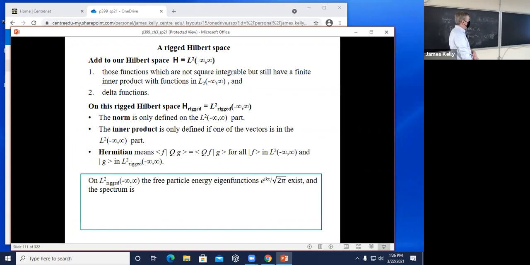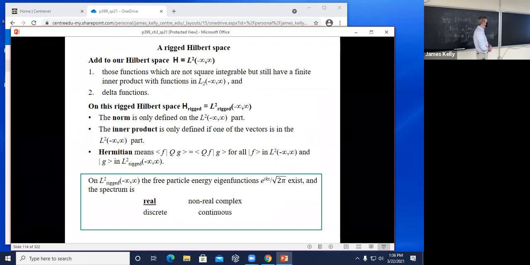So just to summarize, on L2 rigged, the free particle energy eigenfunctions, again, you can choose that preferred normalization, but the important part is the e to the ikx. The spectrum is, in this case, real, right? It's not inherently complex. The energy spectrum is continuous in this case, and degenerate or non-degenerate?